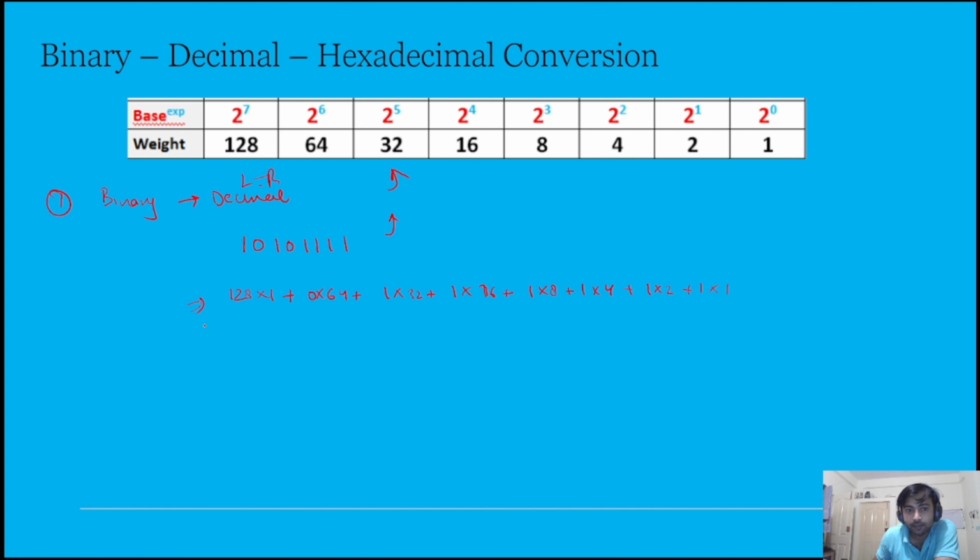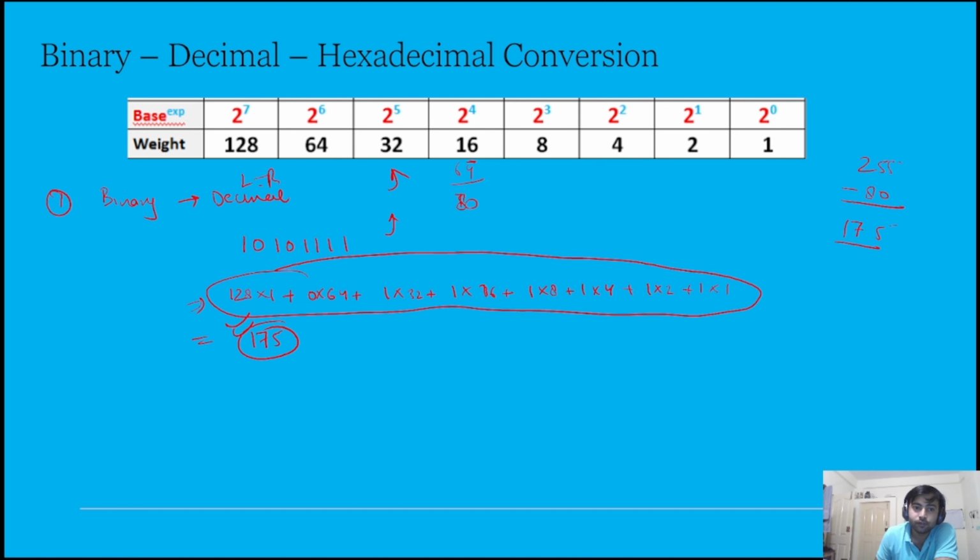When we calculate this, it will be 175. This will be your 175 decimal number. So this is the way how we do these binary to decimal conversions.